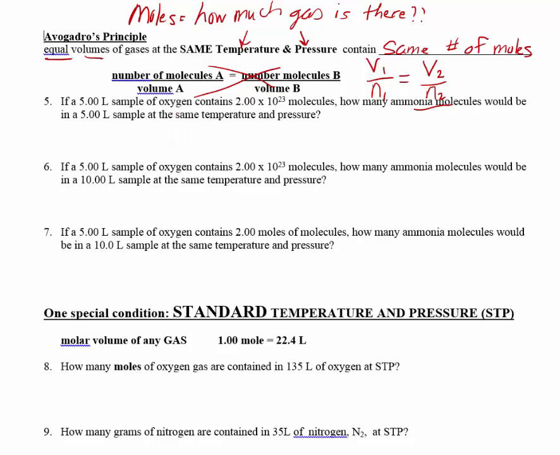So you would just set it up. I know my volume 1 is 5 liters. We can also use molecules like moles. You don't have to change it into moles, because to change it into moles you'd just do the same thing for both. So molecules is 2 times 10 to the 23rd molecules.